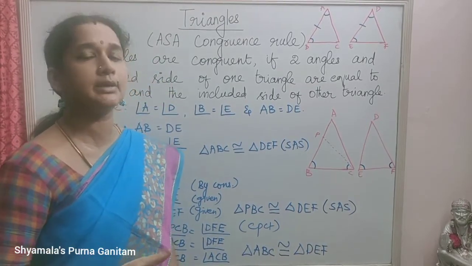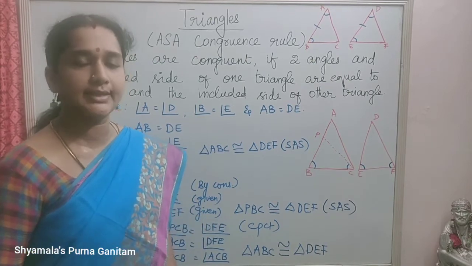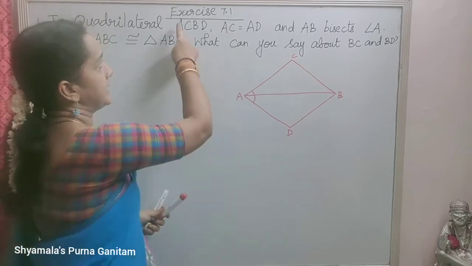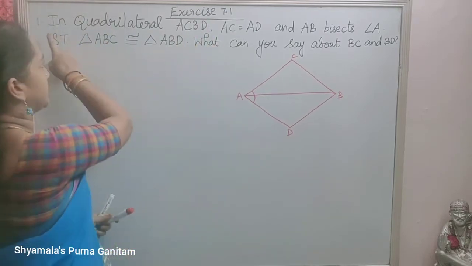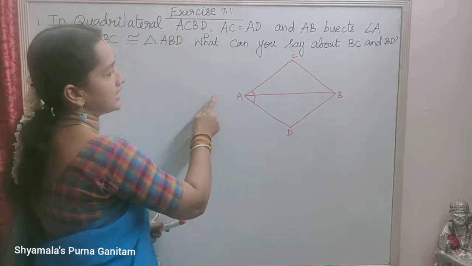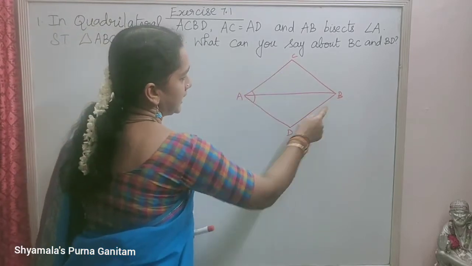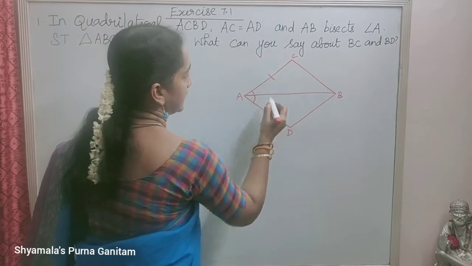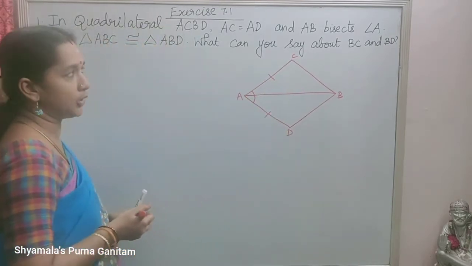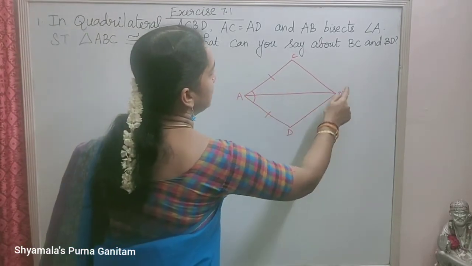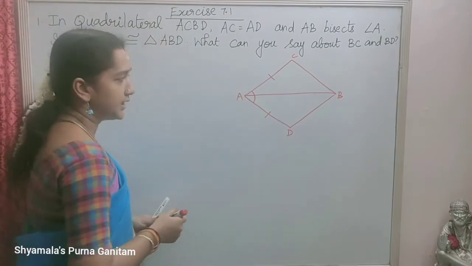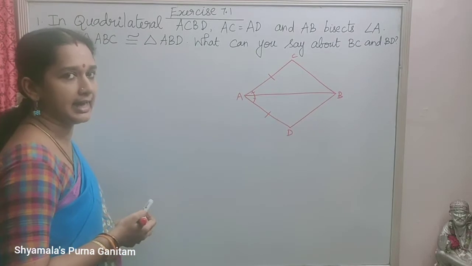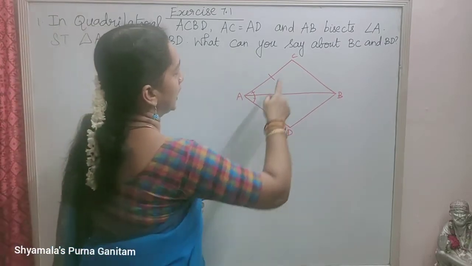So we'll be doing sums based on these congruency criteria. Now we'll do exercise sums. Exercise 7.1. First sum: in quadrilateral ACBD, AC is equal to AD and AB bisects angle A. So that means this angle measurement and this angle measurement will be equal.